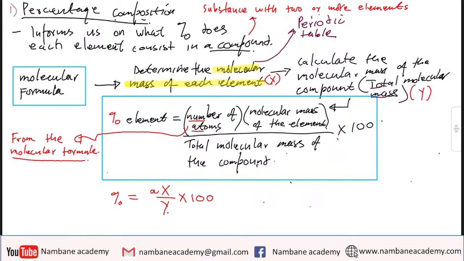That is the reason why when I started, I said somehow the molecular formula must be given to us. Once the molecular formula is given, then it will be easy to identify the number of atoms. Let's just pause it there. And the example will put emphasis onto how we can use this particular problem.